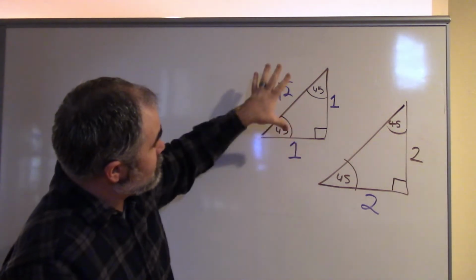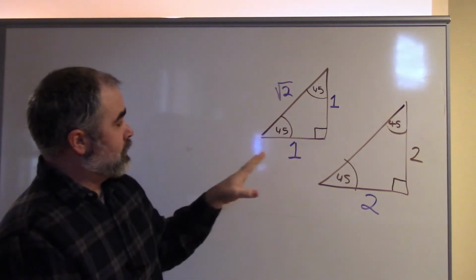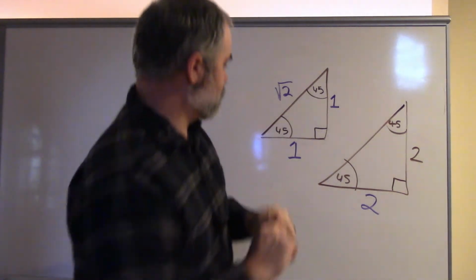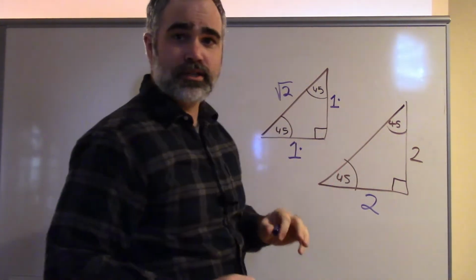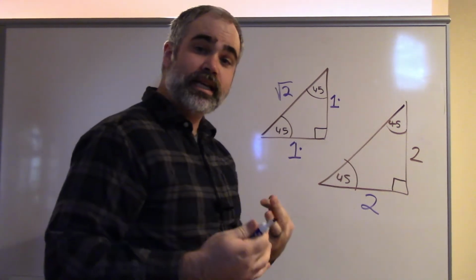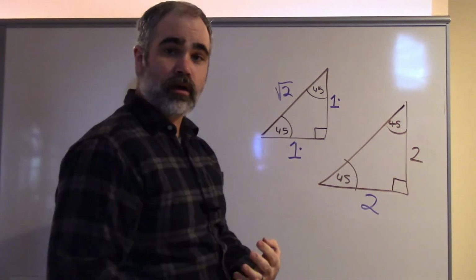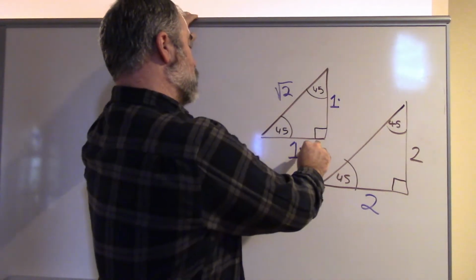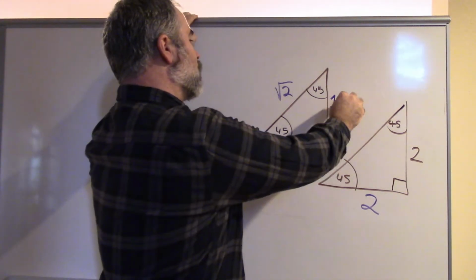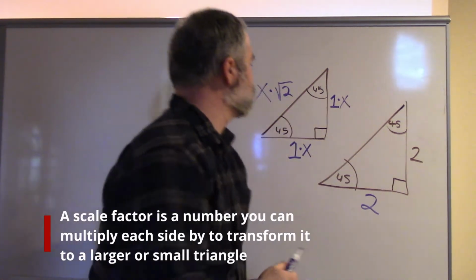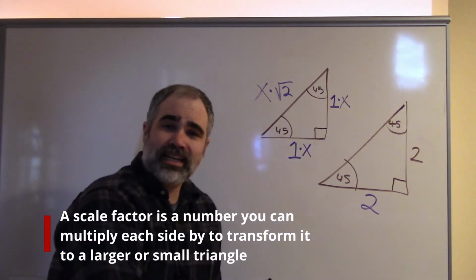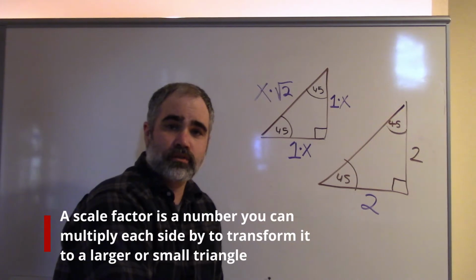If we think about this special right triangle here, and these side lengths can be proportional, really all I need to do is figure out what that scale factor is. The scale factor is going to be the same for all 3 sides. So we'll call that scale factor x. X times 1, and x times the square root of 2.